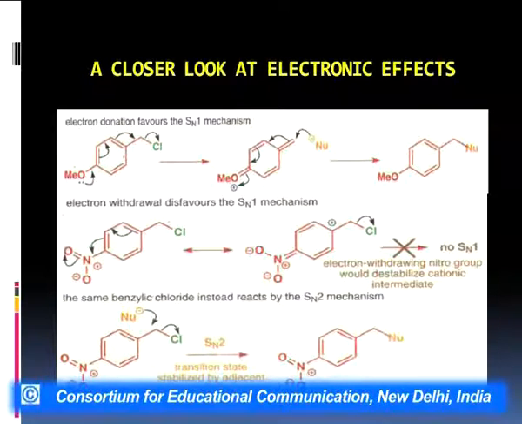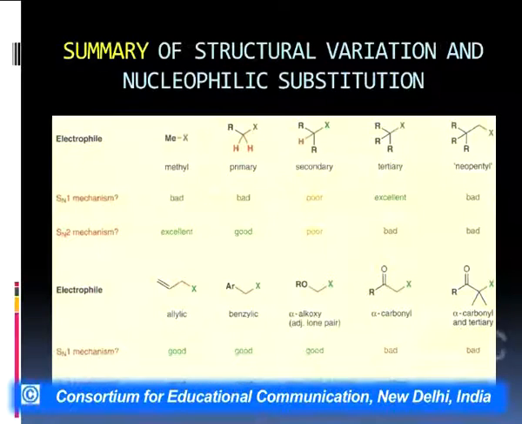Secondly, if there is a carbonyl group attached adjacent to a carbocation, that will also destabilize the intermediate because of the minus I effect. So in this slide I've summarized which substrates are favorable for SN1 mechanism and which are favorable for SN2 mechanism.